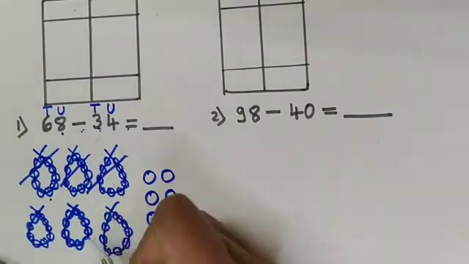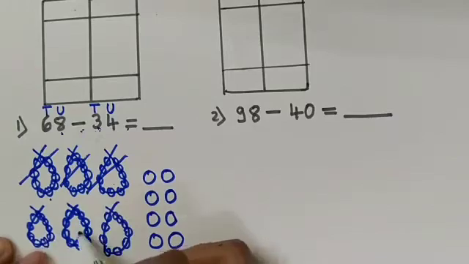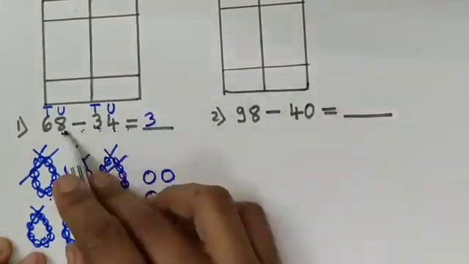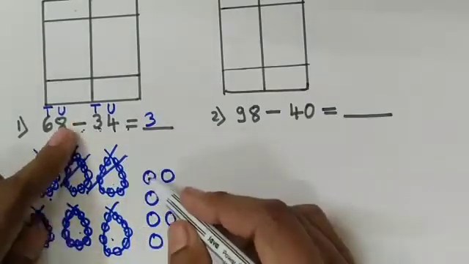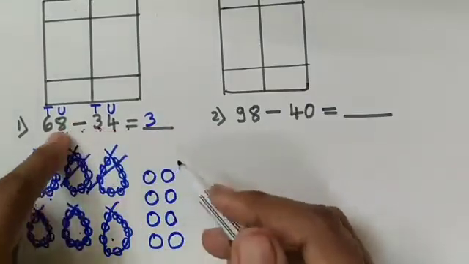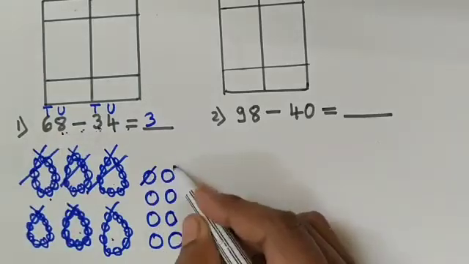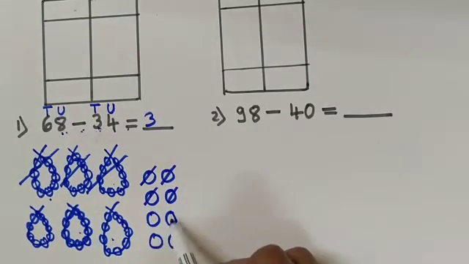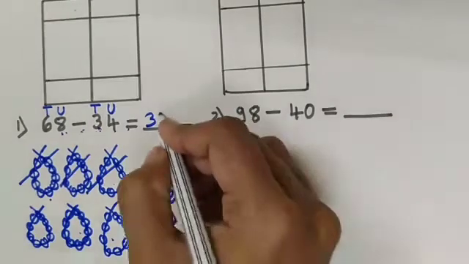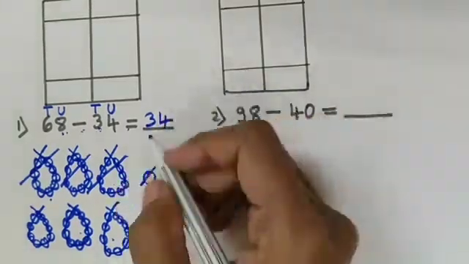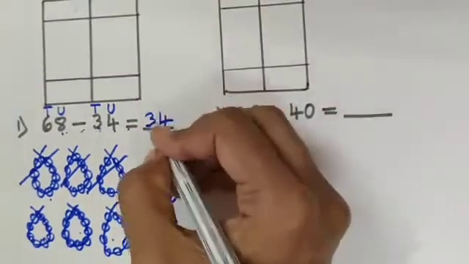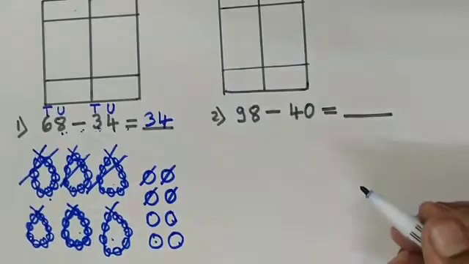So how many tens are left? 1, 2, 3 tens. And how many units are left? We have to cut 4 units out of 8. 1, 2, 3, 4. How many are left, children? 1, 2, 3, 4. This means we have 3 tens and 4 units left, that is 34.